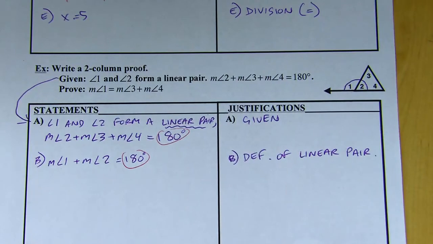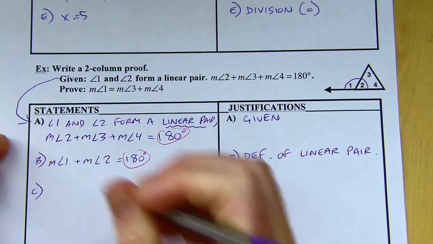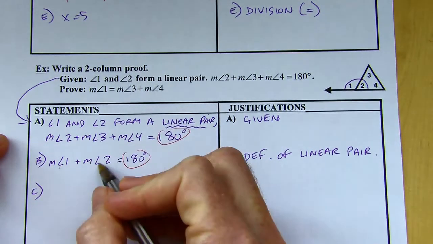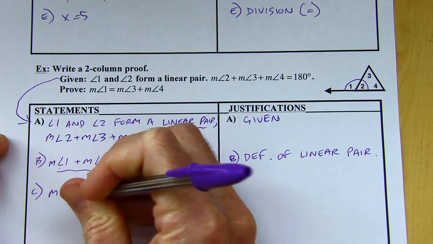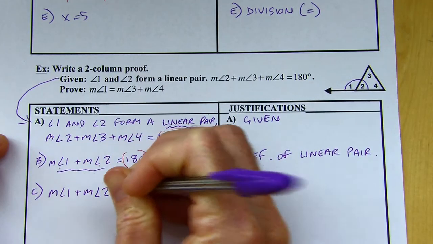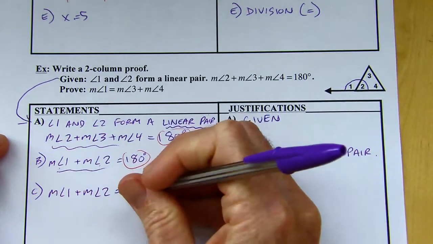So that means those two things are going to be equal to each other, right? So then I can say, all right, the measure of angle 1 plus the measure of angle 2 is equal to those three angles added up.